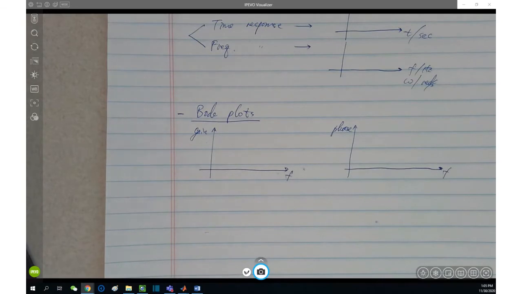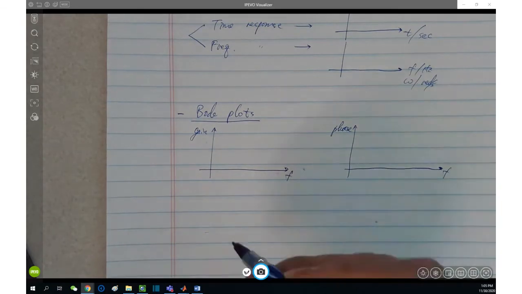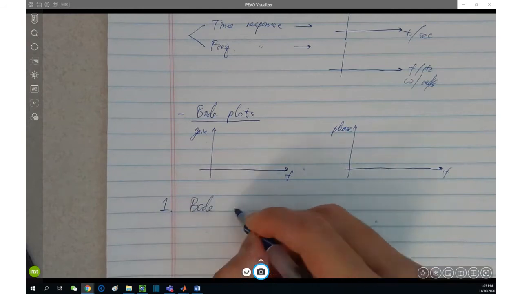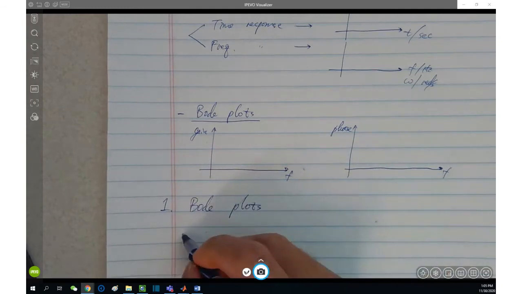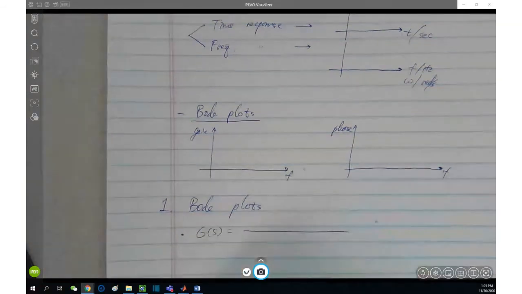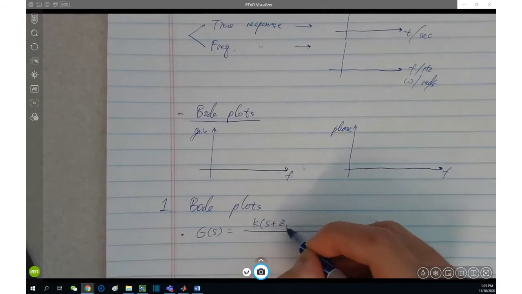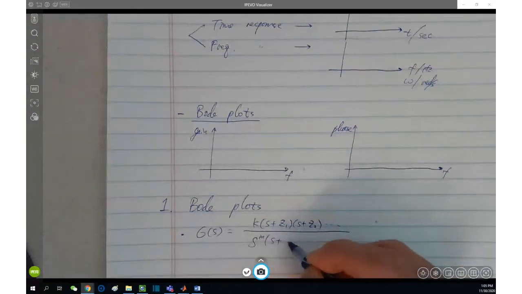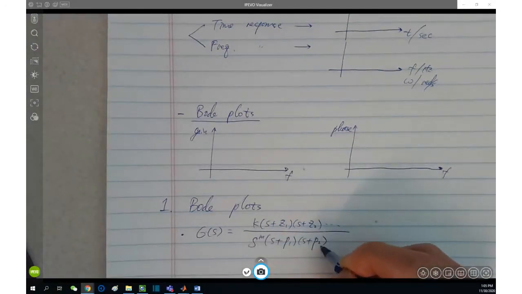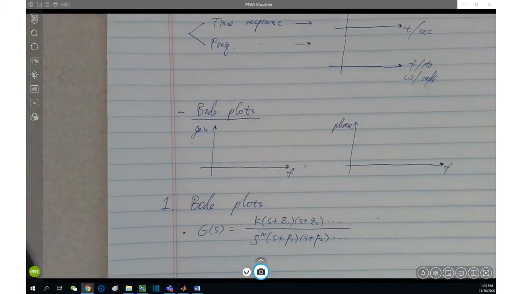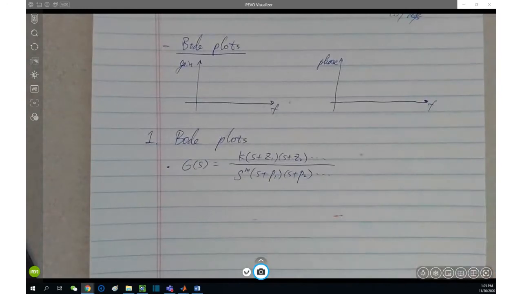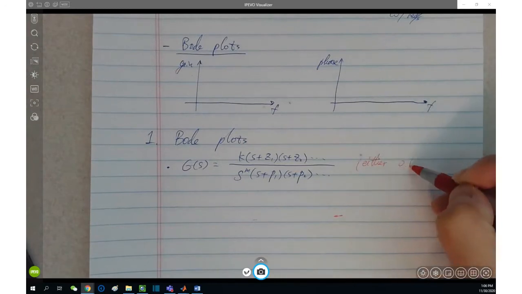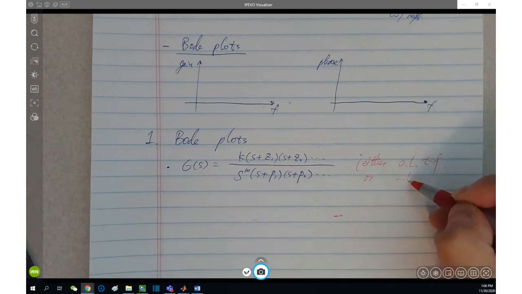What matters actually is, first of all, given a transfer function like this, it is either an open loop transfer function or a closed loop transfer function.